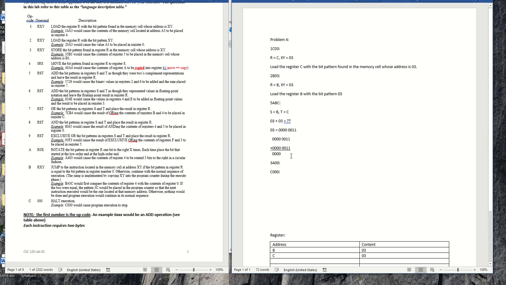So let's figure out what we're going to do here. So 1 plus 1 is 0. Carry the 1. This is really hard for me to show what's going on here, but 1 plus 1 is going to be 0. Carry the 1. So that's why I wrote a 0 down here. And when I carry that 1, I'm going to have 1 plus 1 plus 1, which is 1.